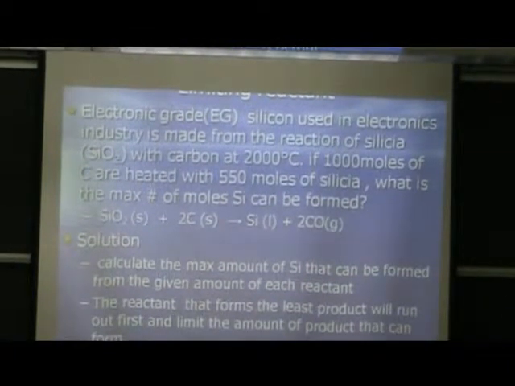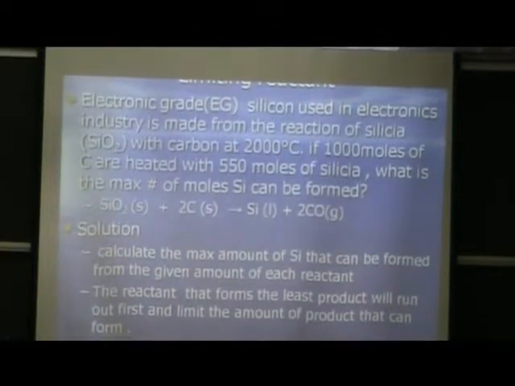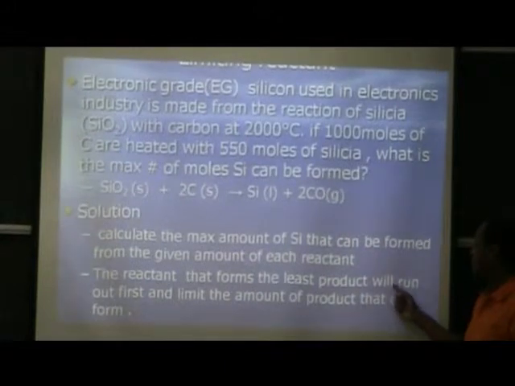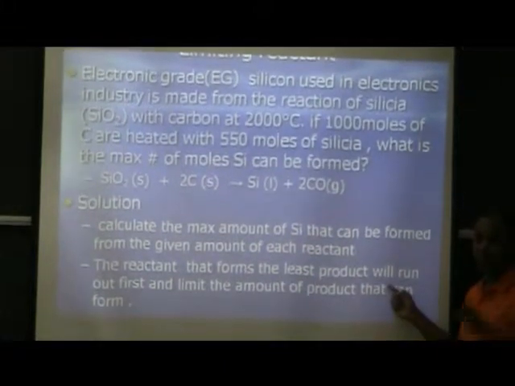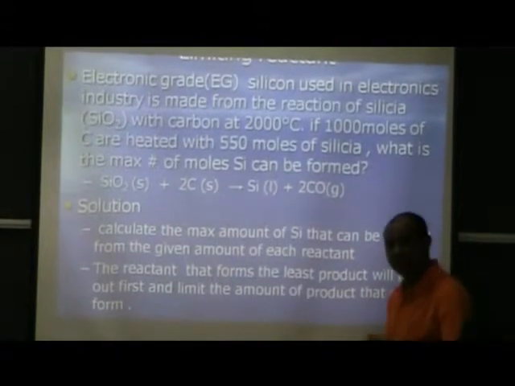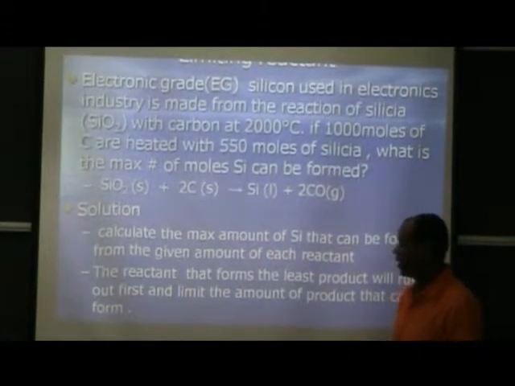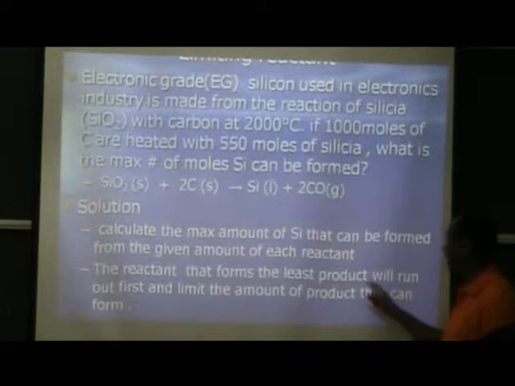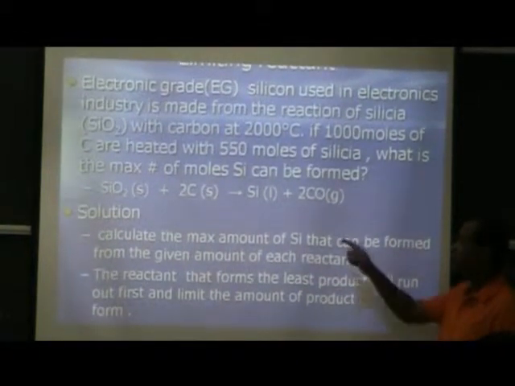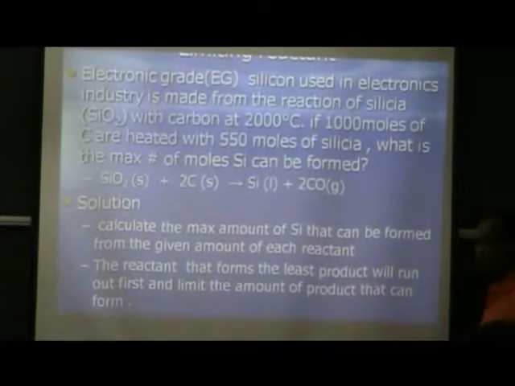But that's not what it says here. The reactant that forms the least product will run out first. Again, go back to the slice of bread and cheese analogy. The reactant that forms the least product will run out first and limit the amount of product that can form.